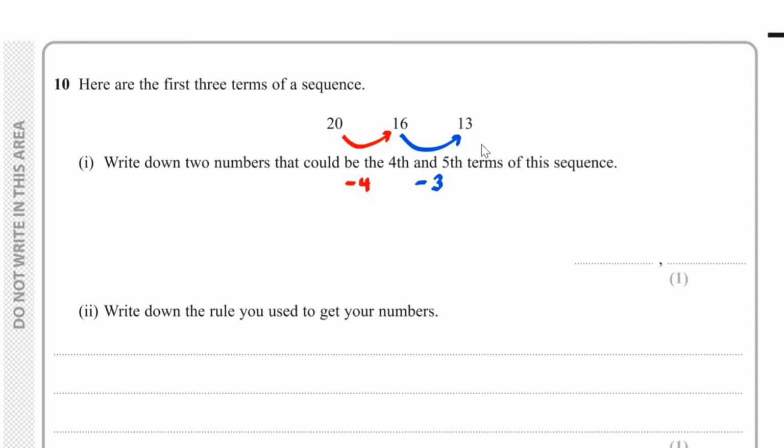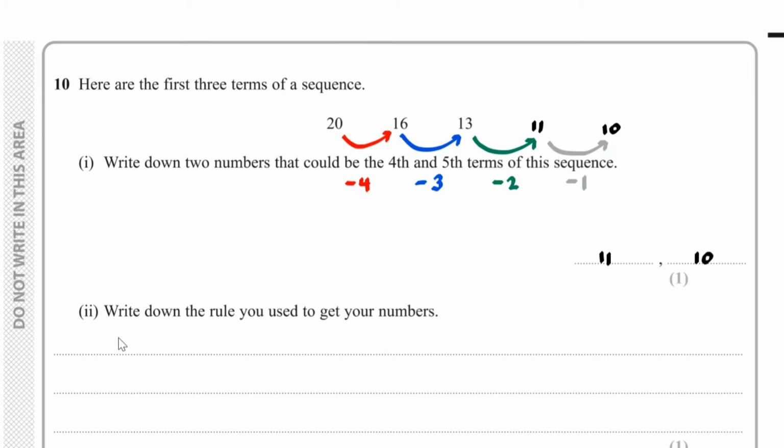So what we could do to find out the next term is subtract 2. And if we do that, 13 subtract 2 is 11. So 11 could be one of those terms. And then what we could do after this is subtract 1, giving us 10.